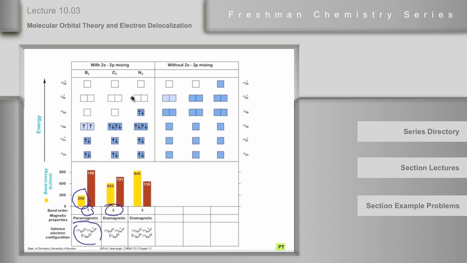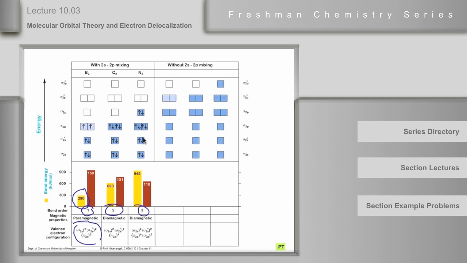If we go one more step, 6, 8, 10 electrons now. So we fill this up, sigma 2s2, sigma star 2s2, pi 2p4, sigma 2p2. What would be the bond order of this guy? Well, it's 2 plus 4 is 6, plus 2 is 8, minus 2 is 6, divided by 2 is 3. So this guy has a bond order of 3.